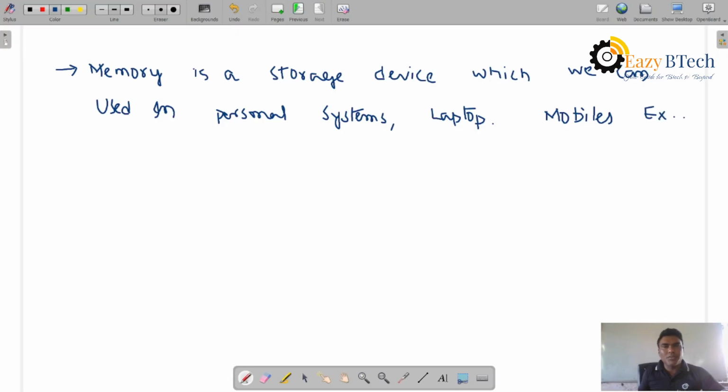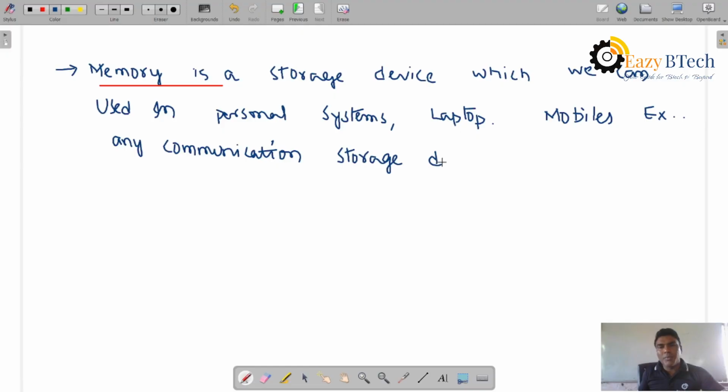Memory is a storage device. So DRAM is a memory device. Memory is a storage device which we can use in personal computers, laptops, mobiles, any communication storage device.